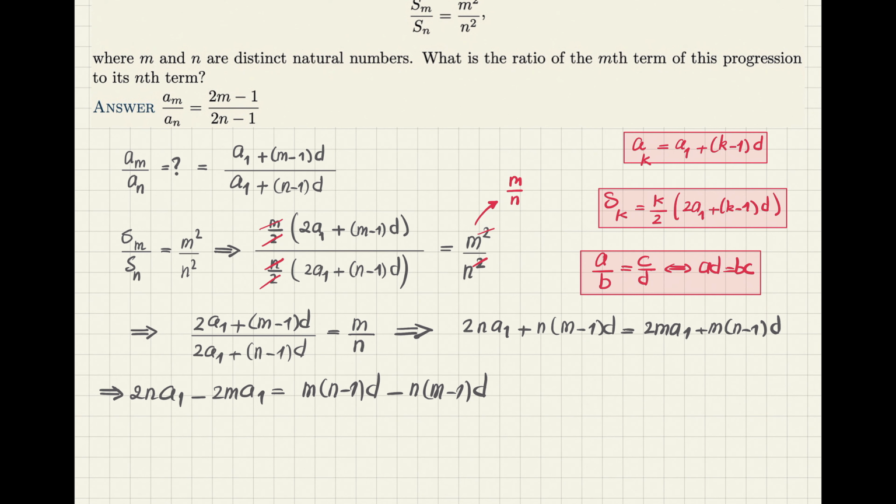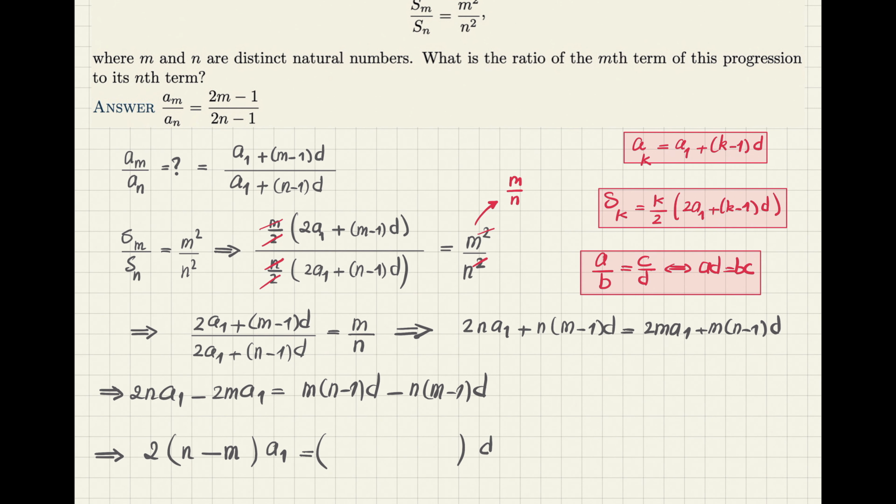Yes? So on the left hand side, I can factor 2 and a1 out. So let me, for being more organized, pull 2 and a1 out, and what is left from the first term is n, from the second term is m. Here on the right hand side, I pull a d out.